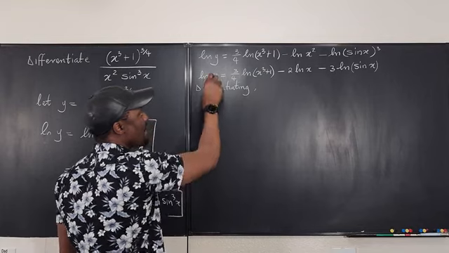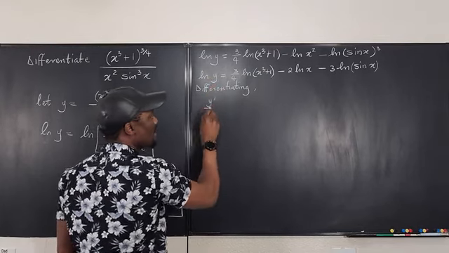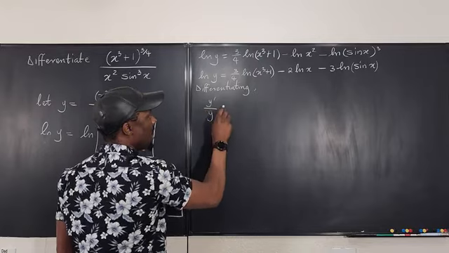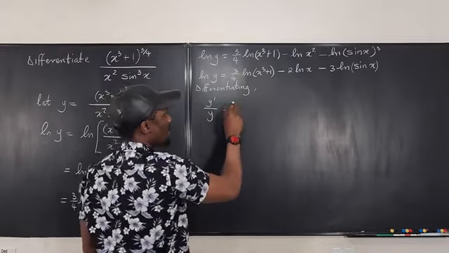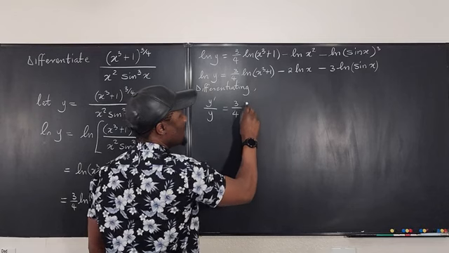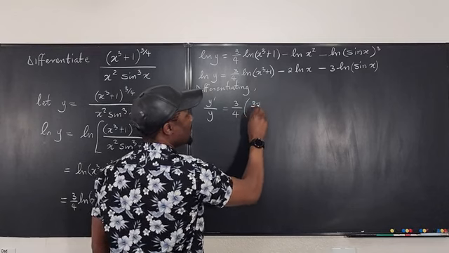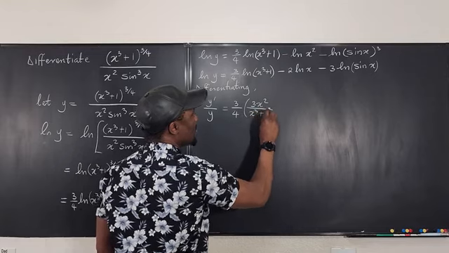differentiating, I'm going to have, remember, the derivative of the argument, which is y prime, divided by the argument, which is y. I go here. Because this is a constant, I leave it as 3 over 4. Then the derivative of the argument is going to be 3x squared divided by the argument x cubed plus 1.